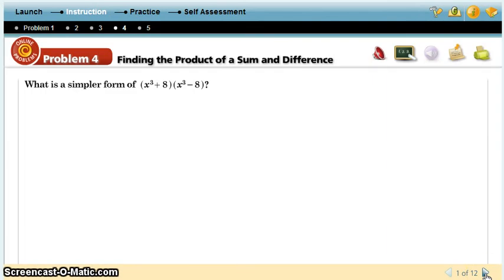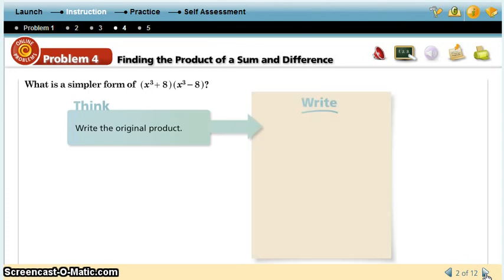In this problem, you will find the product of a sum and difference. What is a simpler form of the quantity x cubed plus 8 times the quantity x cubed minus 8? Write the original product: x cubed plus 8 times x cubed minus 8.